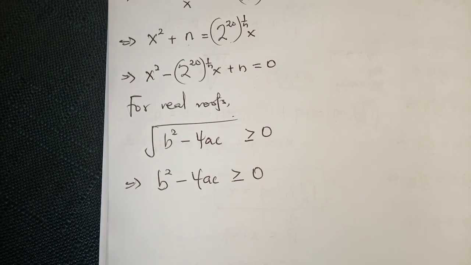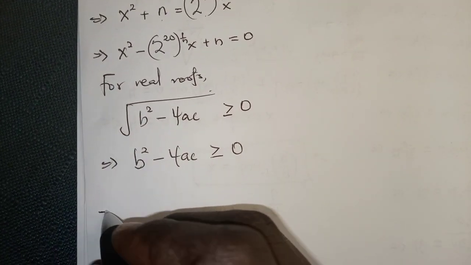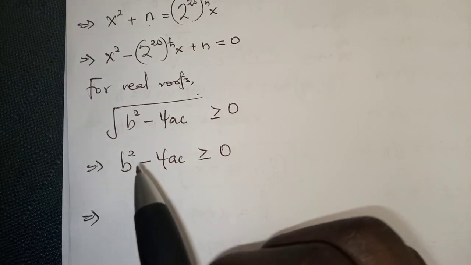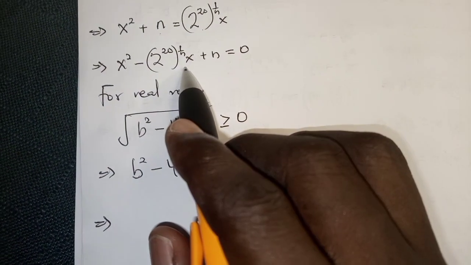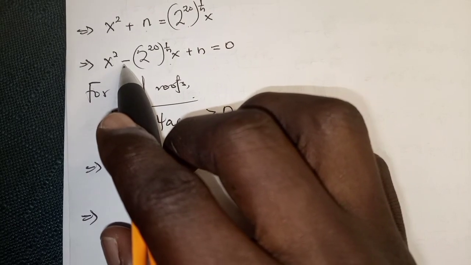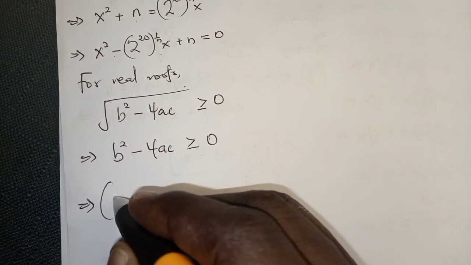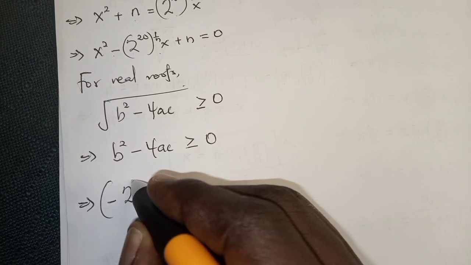Now by comparison we know that b is the coefficient of x here, so this is the b from negative 2 exponent 20 on n, so we put in brackets negative 2 exponent 20 on n.